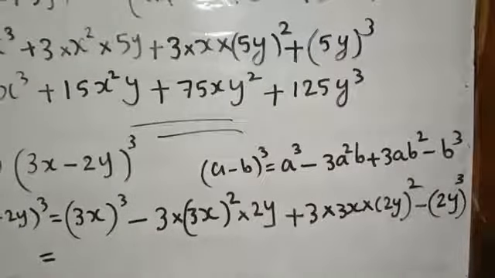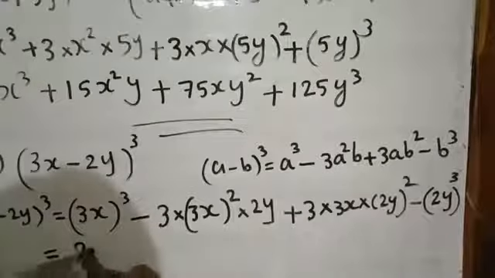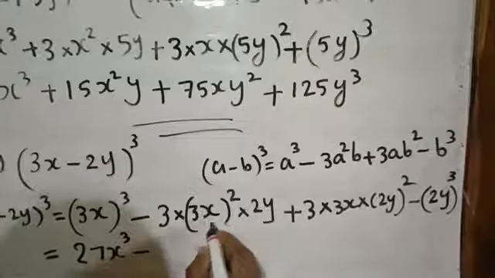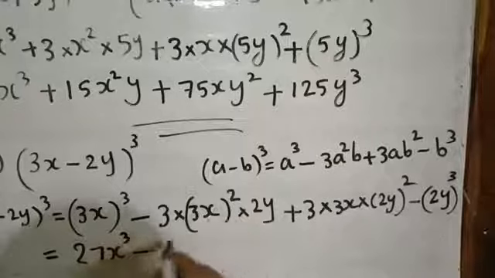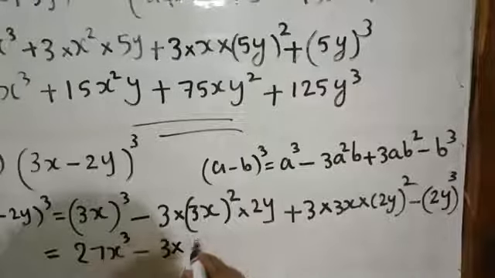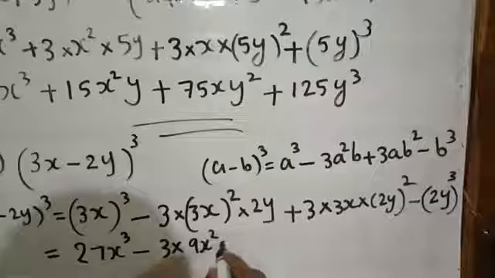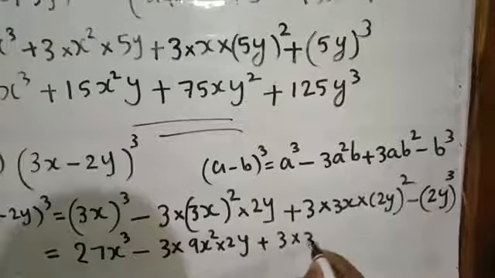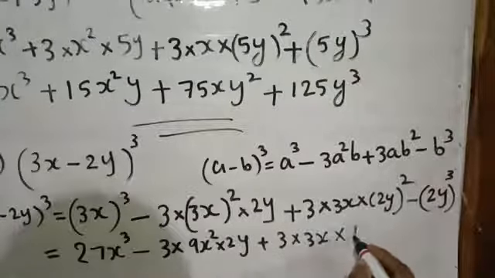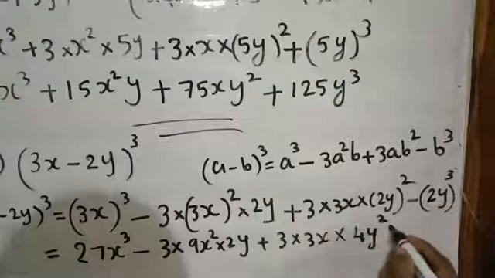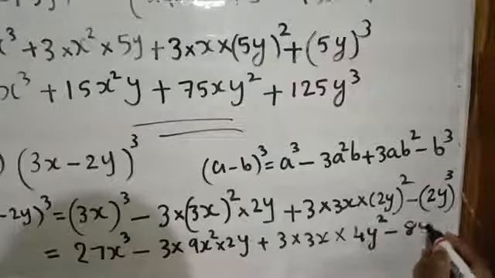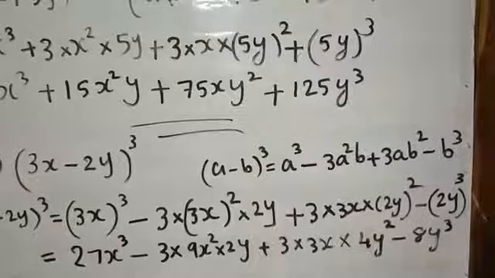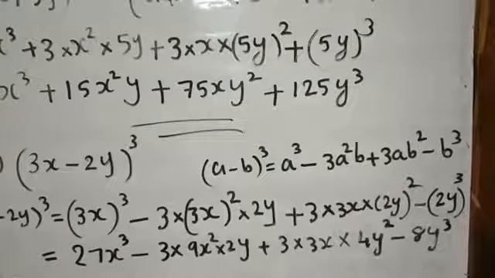What is 3 cube? 27 x cube. Okay, minus 3x square is there, you know. What is 3x square? 3 into 3, 3 3s are 9. 9x square into 2y plus 3 into 3x into what is 2y the whole square? 4y square minus 8y cube. Clear? Okay? Is it okay?